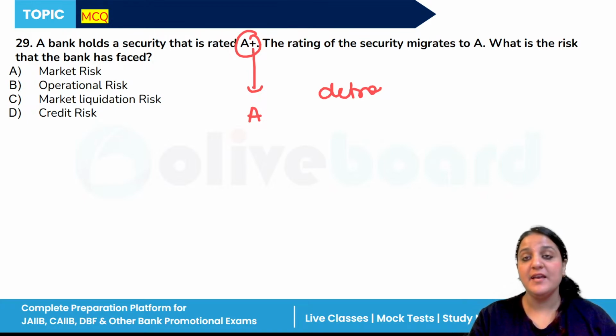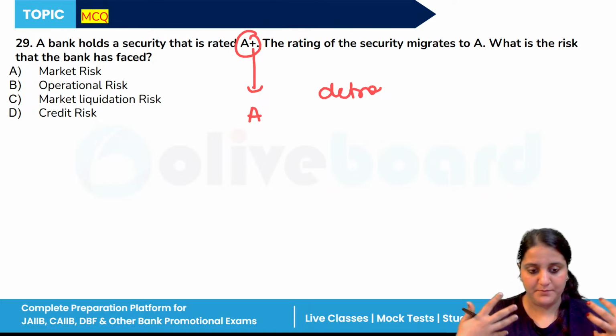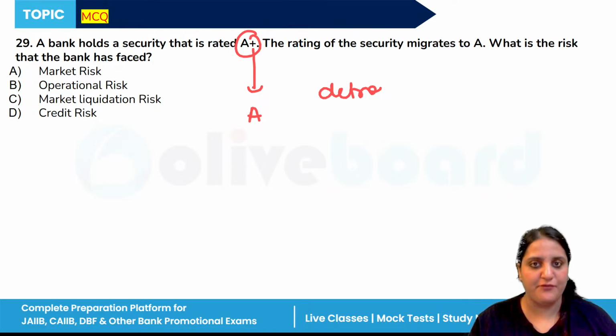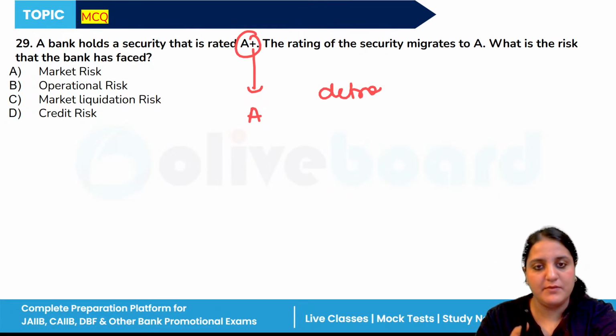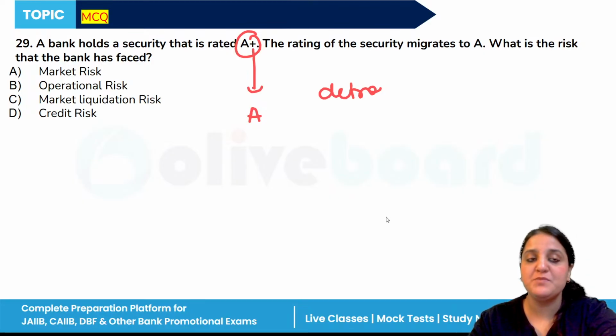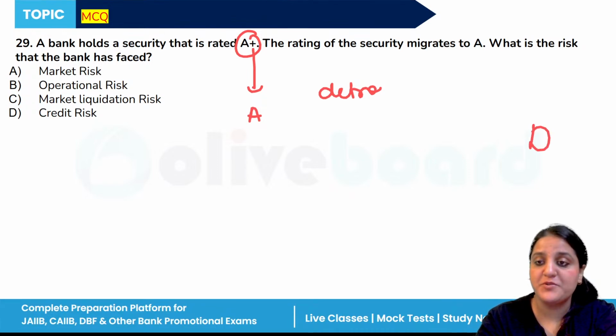The chances increase that the borrower will default. There is something fishy with the borrower. So credit risk is the risk that the borrower or issuer downgrades or defaults. A drop in rating signals higher likelihood of default. So the corporate bond is A plus, the market views it as riskier, which is potential for default. So here credit risk is realized. Option D is correct.